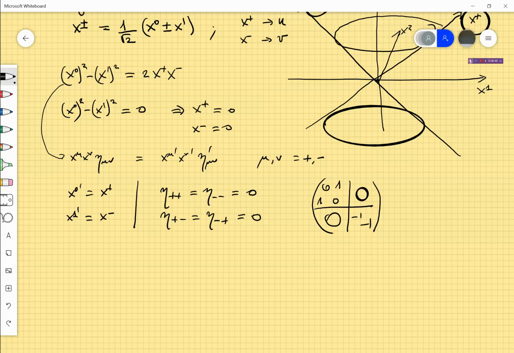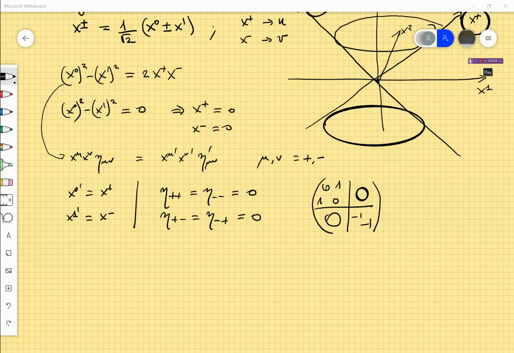So in this coordinate system, the Lorentz transformations have a different expression. They are the same transformations, but in different coordinates they have different expressions. And of course, if we go, as we will at some point, to spherical coordinates, they will have an even more different expression. But here in these light cone coordinates, they take a very simple expression.